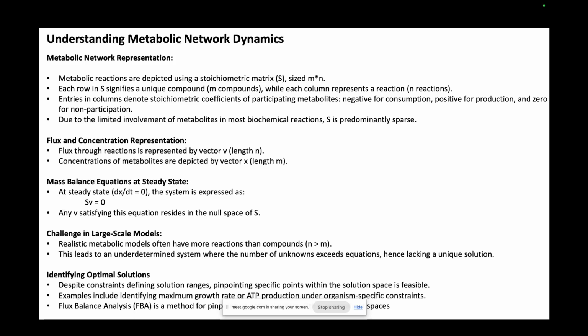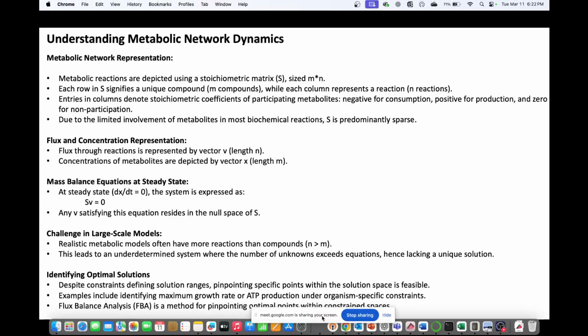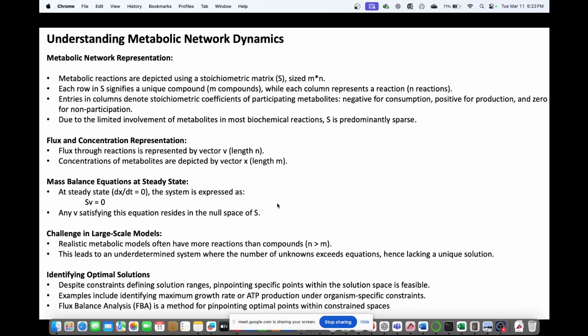So the number of unknowns exceeds the number of equations, and it lacks a unique solution. So what we do is put some constraints on this system and solve the equations with these constraints, which helps us get the solution. We'll see a couple of examples today, I think. Okay.